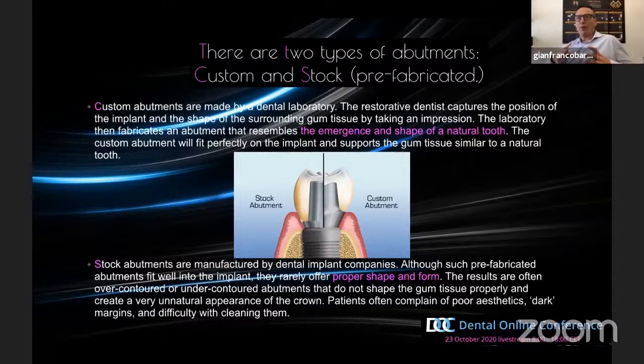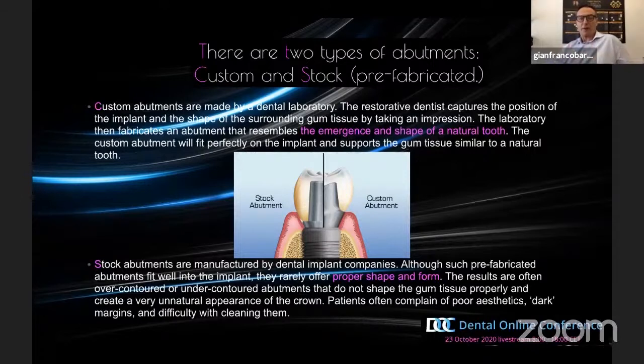We have to work with the standard shape, with some geometry, and sometimes it's difficult to put it in the right order to create a natural anatomy.